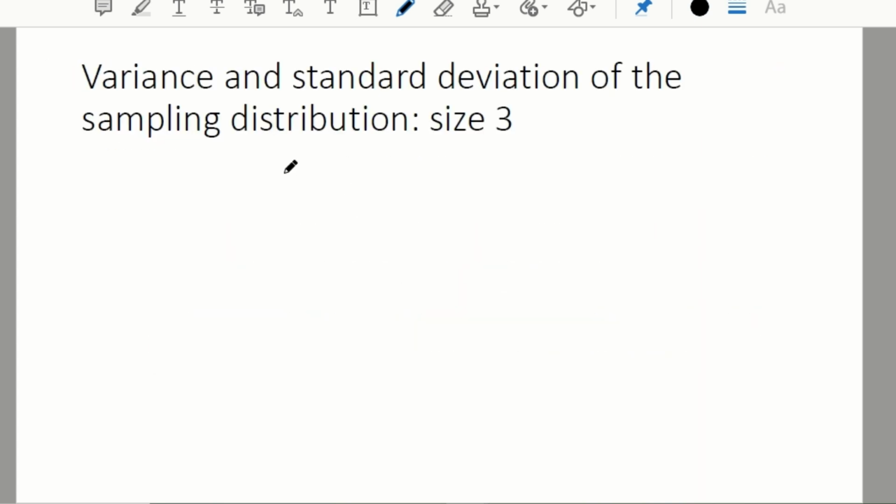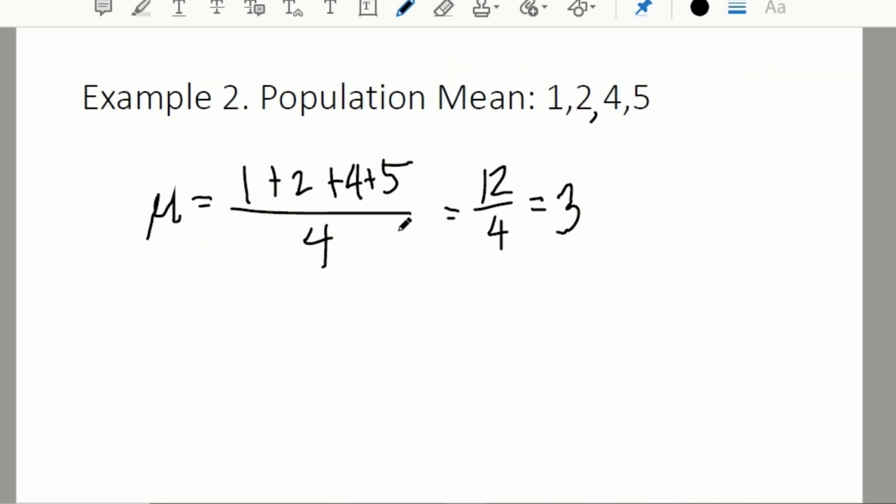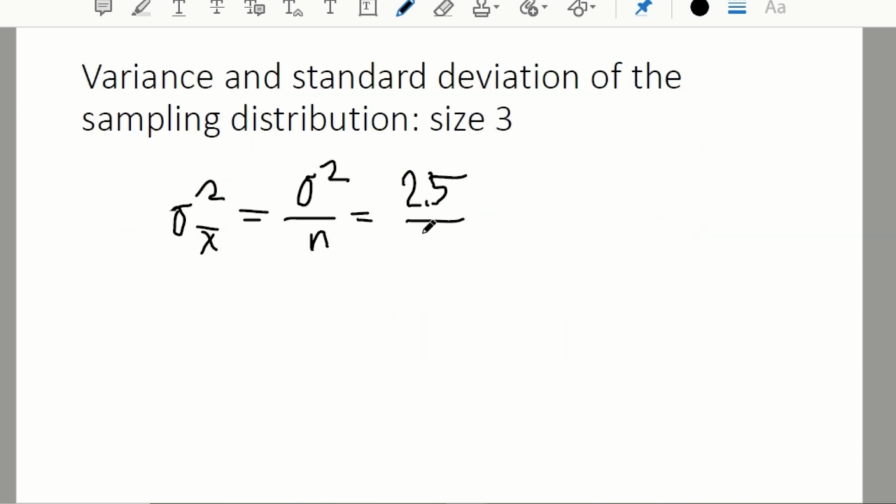Next, the variance and, of course, the standard deviation for size 3. So now we have the variance of the sampling distribution. The formula is the population variance divided by the size. Our population variance is 2.5 here, and we divide this by size 3.